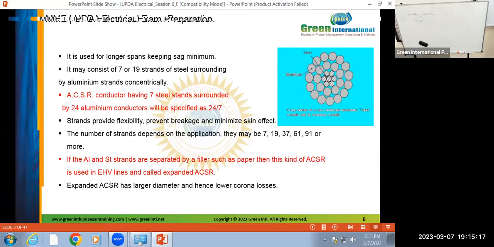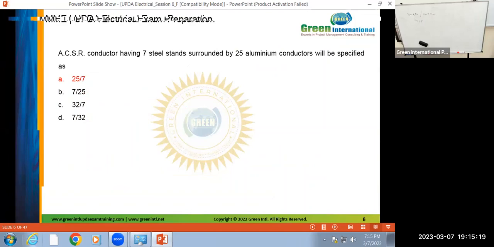So usually we have a question like this. The ACSR conductor having 7 steel surrounded by 25 aluminum conductors is specified by? How do we say this 25/7? Out of curiosity, you go to the calculator and divide 25 by 7. This is not the answer.